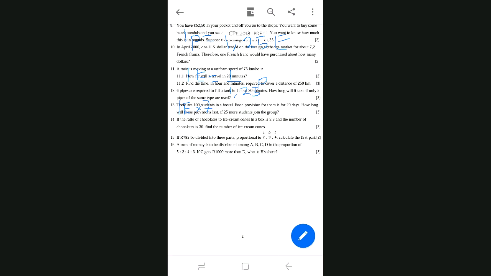So 7 euros will be equals to 1 divided by 1.25 times 7. So in effect, 7 euros will be equals to 7 divided by 1.25.